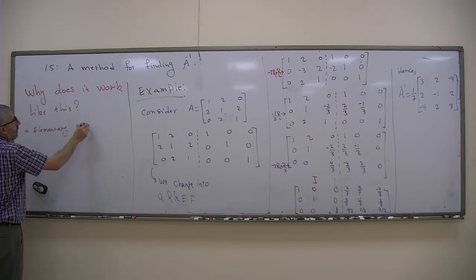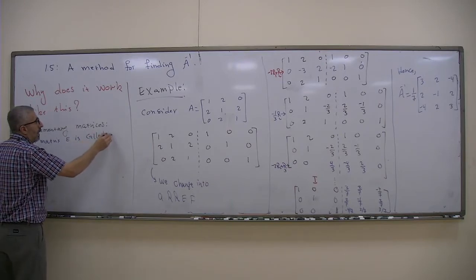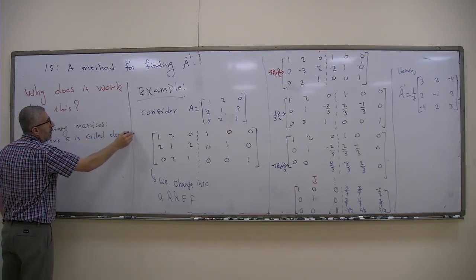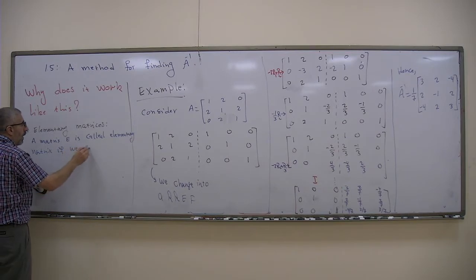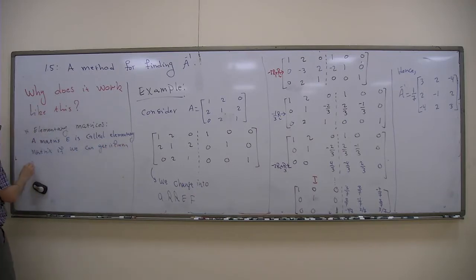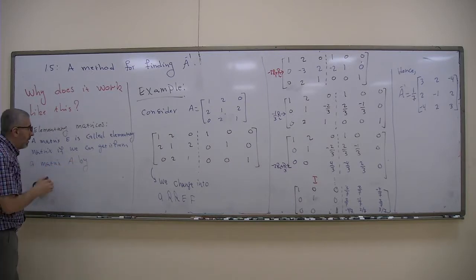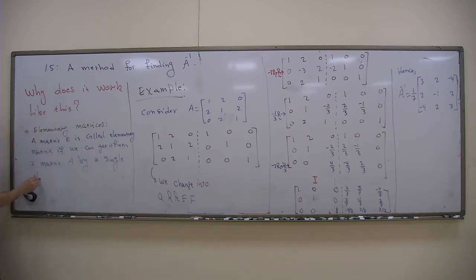A matrix E is called an elementary matrix if we can get it from a matrix A by a single elementary row operation.